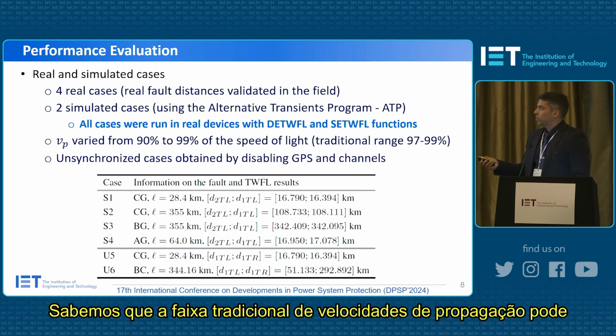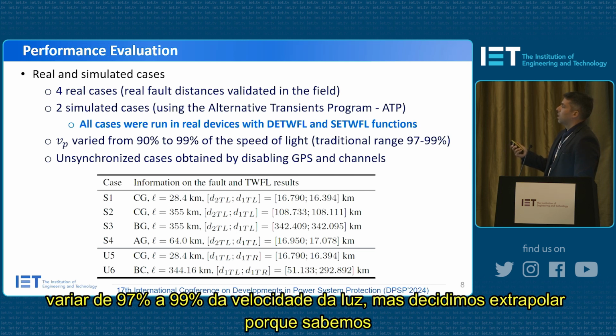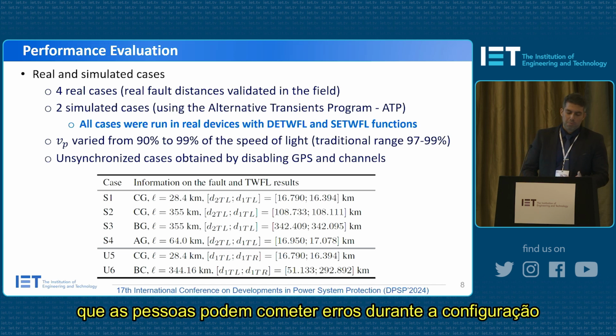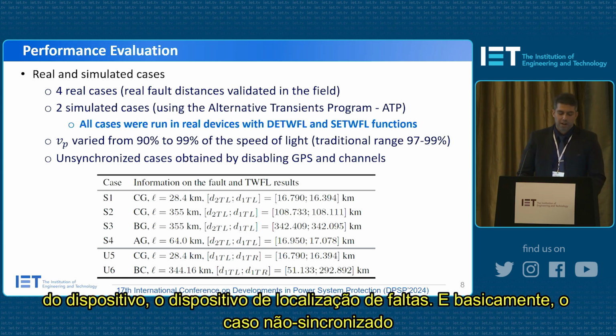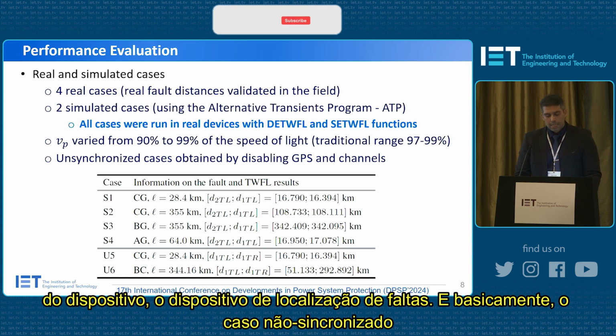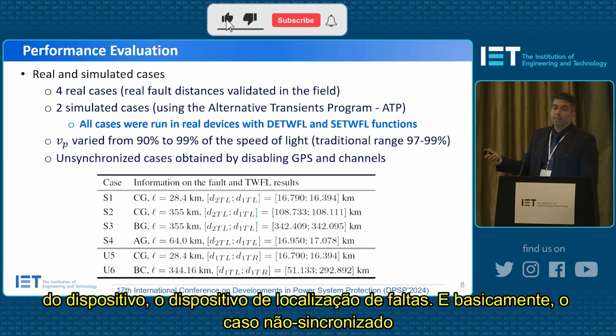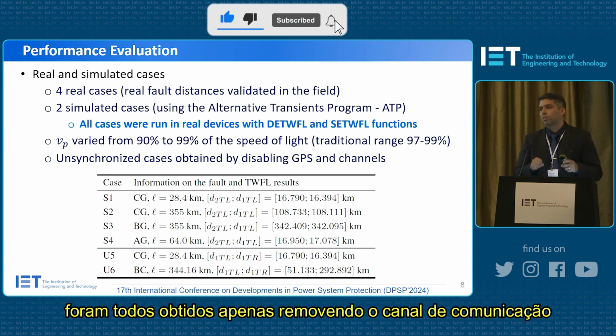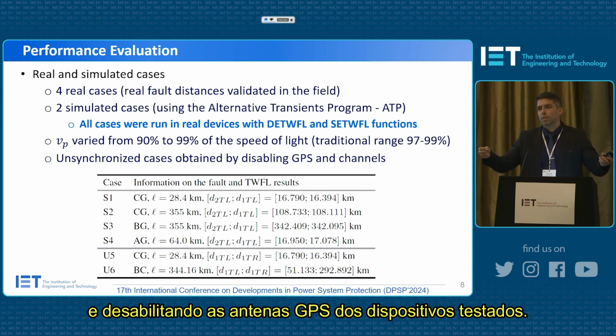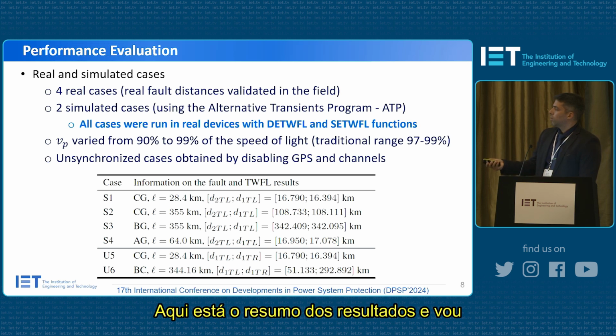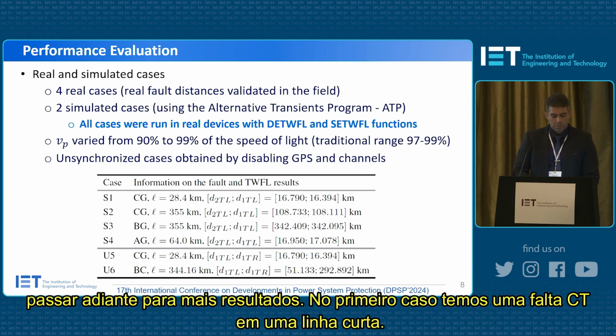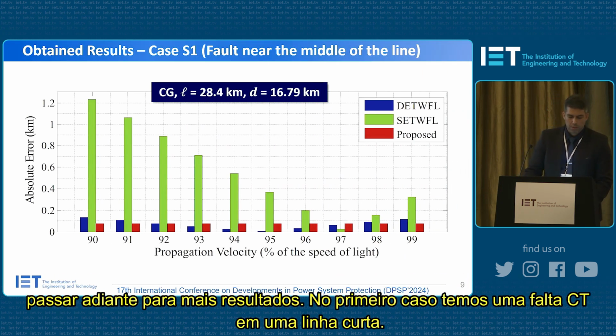We know that the traditional range of propagation velocities can vary from 97 to 99%, but we decided to extrapolate it because people may commit errors during the parameterization of the fault locating device. The unsynchronized cases were obtained by removing the communication channel and disabling the GPS antennas from the tested device. Here is the summary of the results.